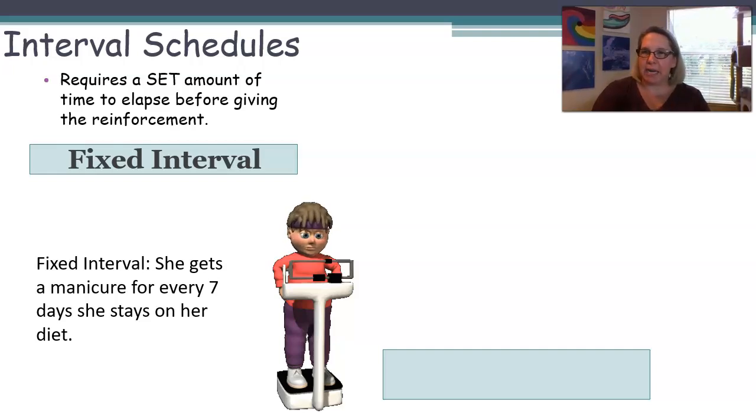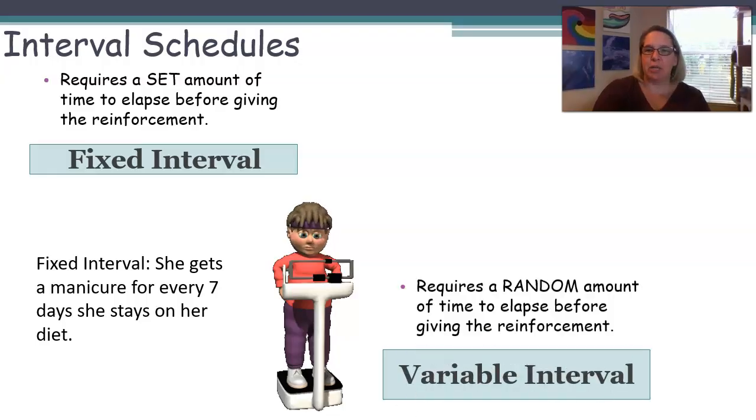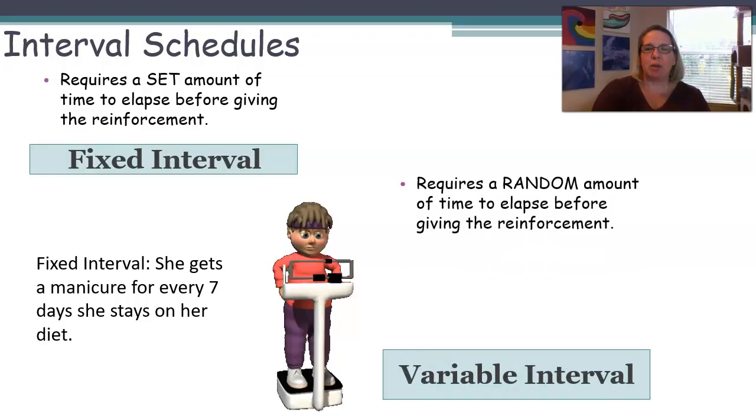She's dieting, and she gets a manicure for every 7 days she stays on her diet. So the interval schedules are always going to be hours, days, months, years. It's going to be a unit of measurement. Then we have variable interval. It requires a random amount of time to elapse before giving the reinforcement. Again, underline, highlight, amount of time.